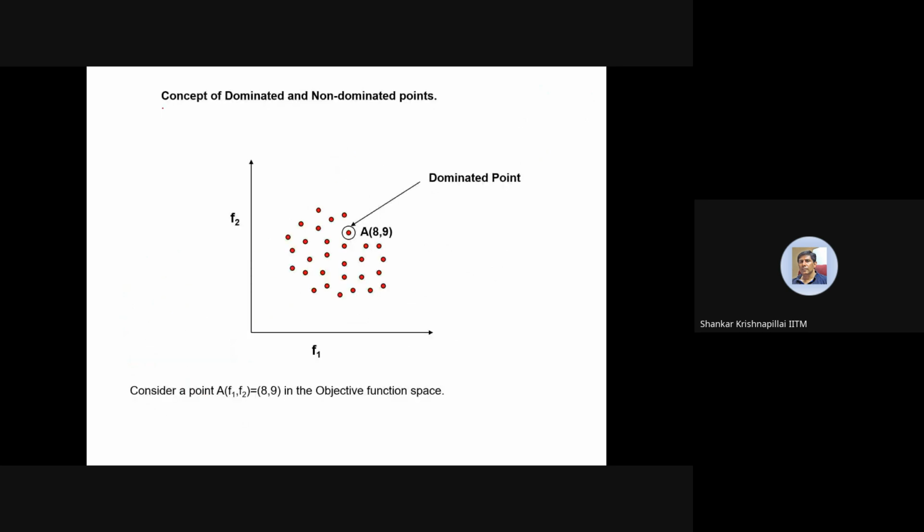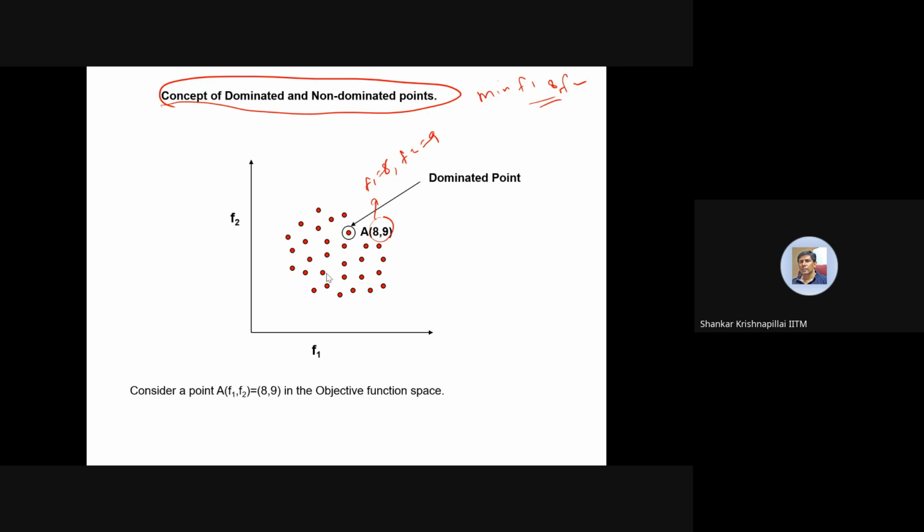Now we have to study the concept of dominated and non-dominated points. You have to remember that we are going to minimize both f1 and f2. Let us take a point A (8, 9), which means f1 is equal to 8 and f2 is equal to 9. A is called a dominated point.